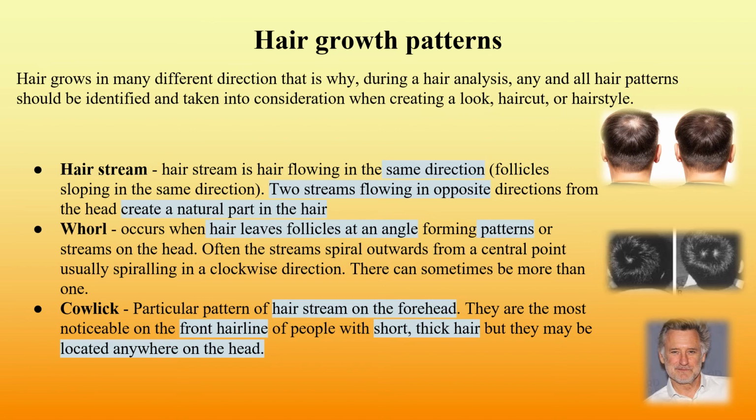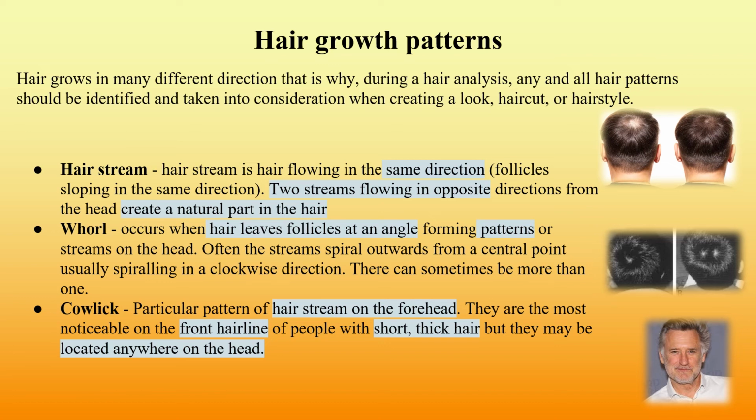Whorls occur when hair leaves the follicle at an angle, forming patterns of streams on the head. Often the streams are swirls or spirals outward from the center point of the head, usually spiraling in a clockwise direction.